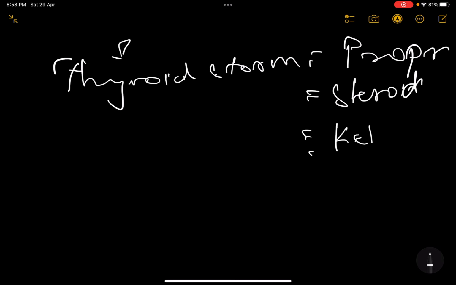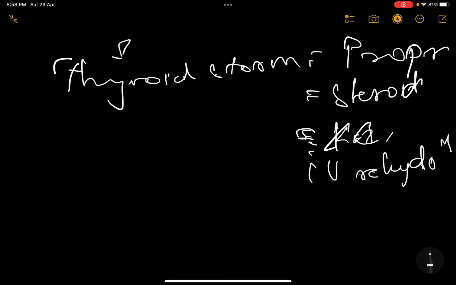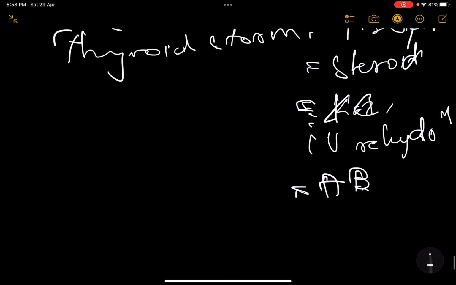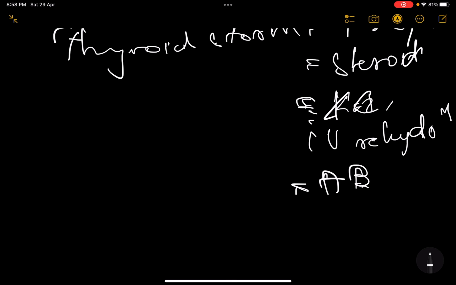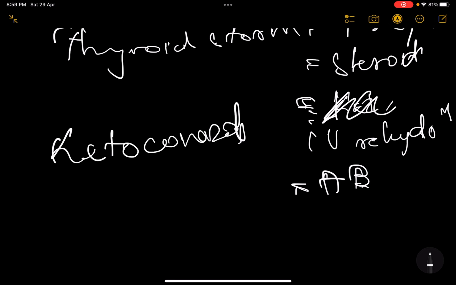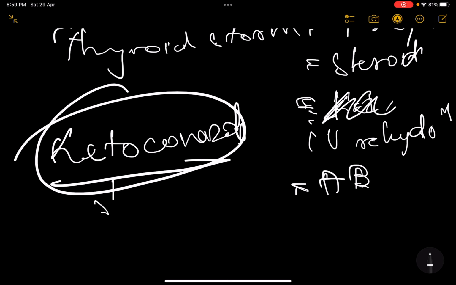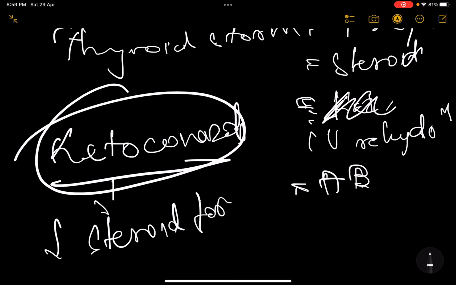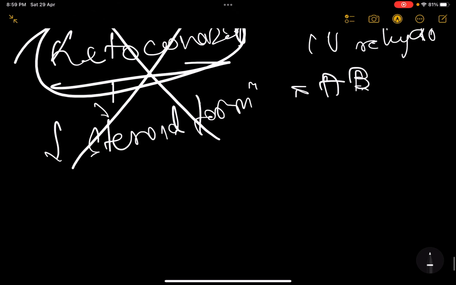Obviously you want to rehydrate, IV rehydration, and very important is you want to give antibiotics to the patient. I was going to write something like ketoconazole, but ketoconazole is actually the one that decreases steroid formation, so writing this is completely incorrect.